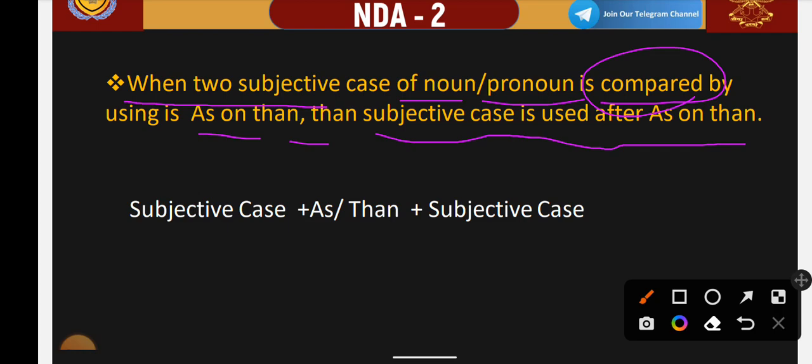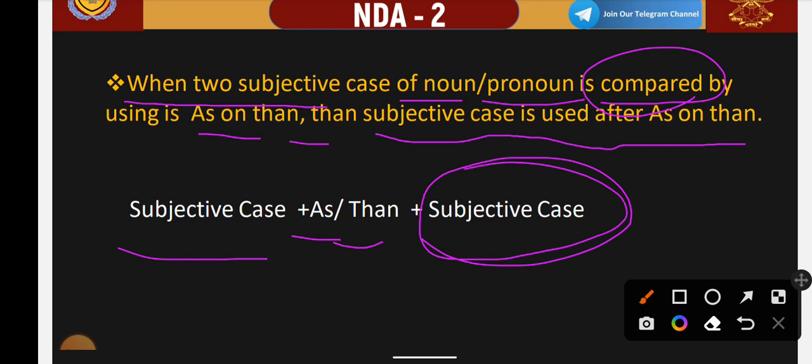Let us simplify this one. Subjective case plus as or than: when a subjective case is followed by as or than, you have to use the subjective case afterwards. That's it.